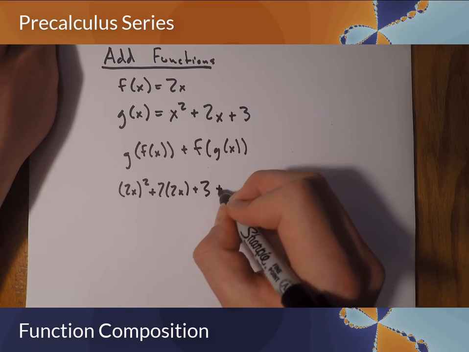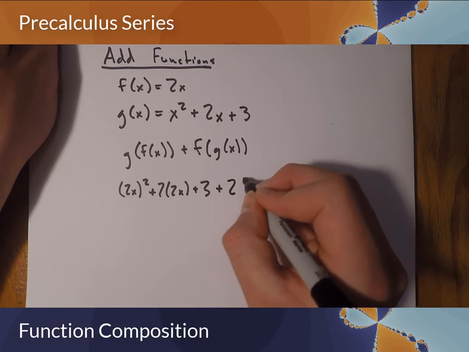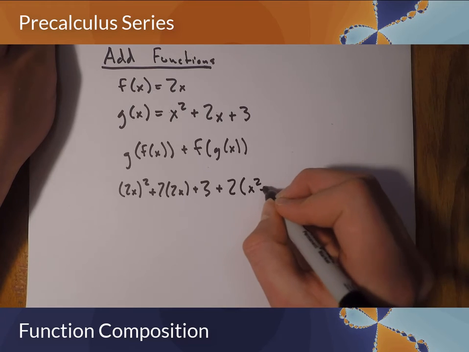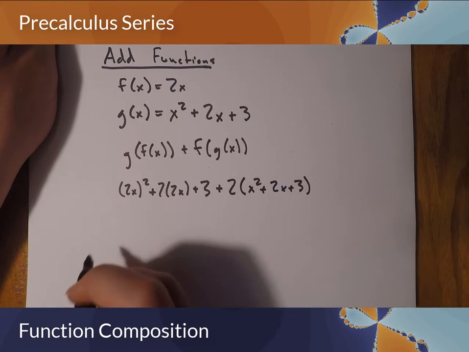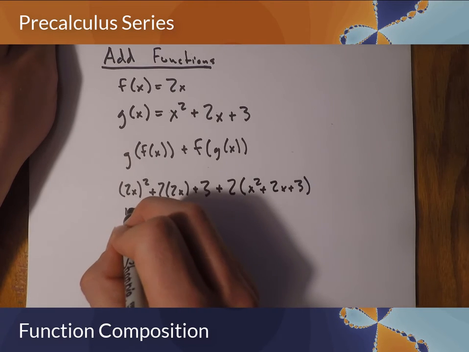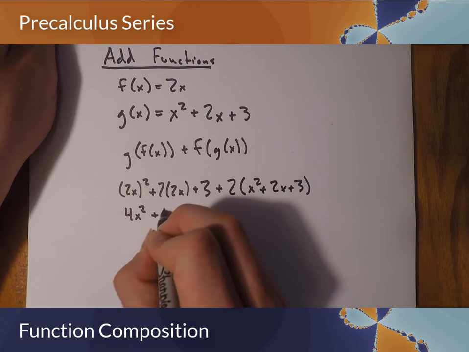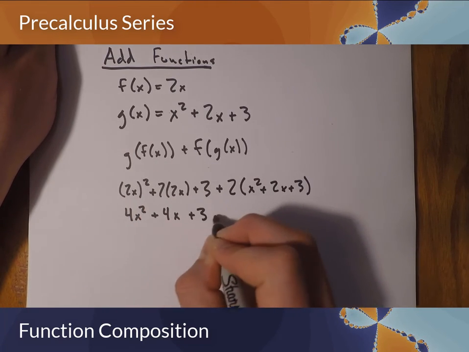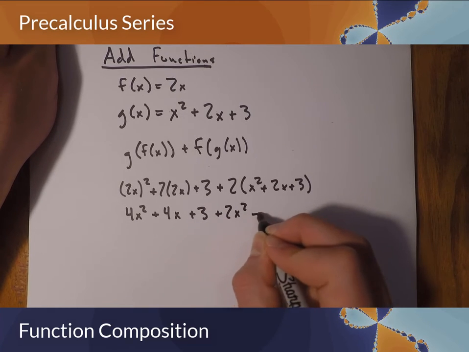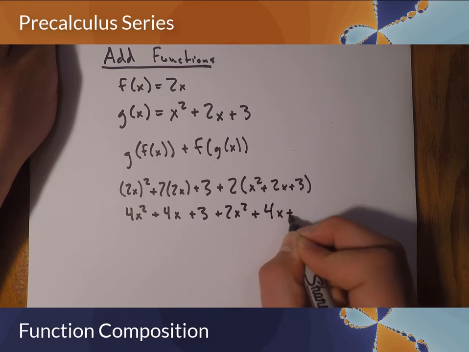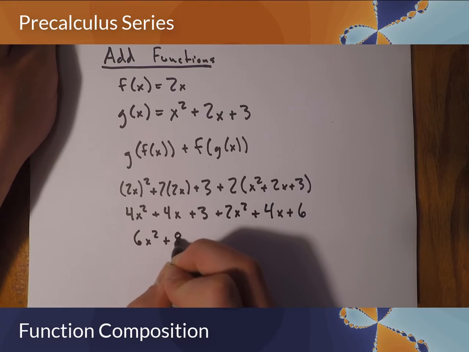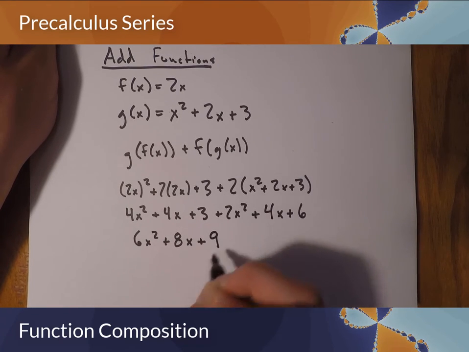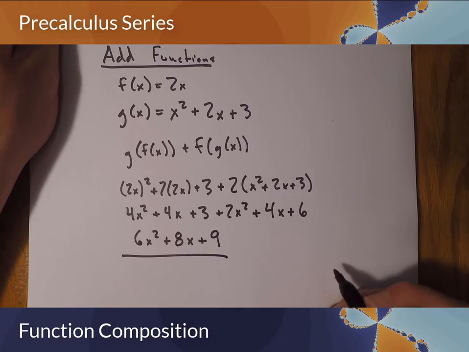And then f of g of x is just kind of take the opposite. So 2 times (x squared plus 2x plus 3). And so when you add these together, you get 4x squared plus 4x plus 3 plus 2x squared plus 4x plus 6. And then when you add them together, you get 6x squared plus 8x plus 9. And that's what it's equal to.